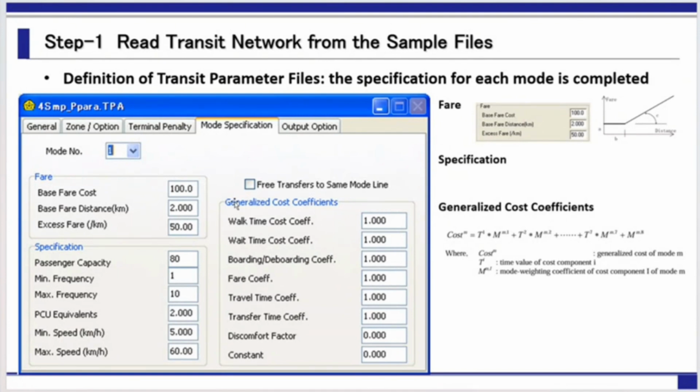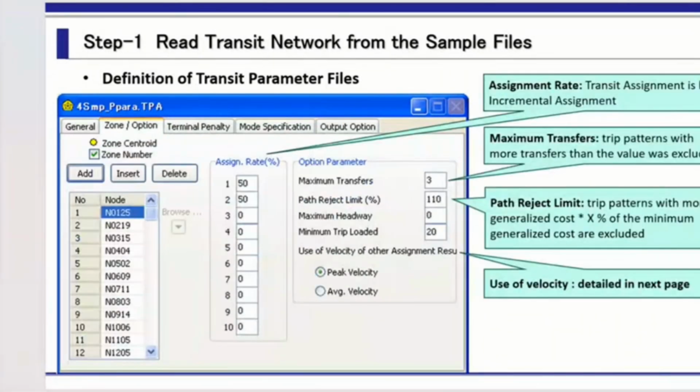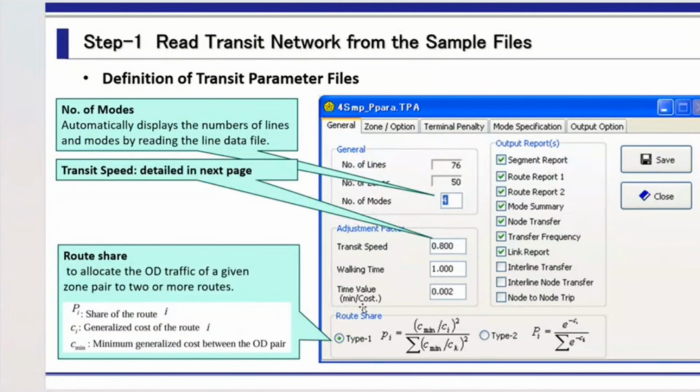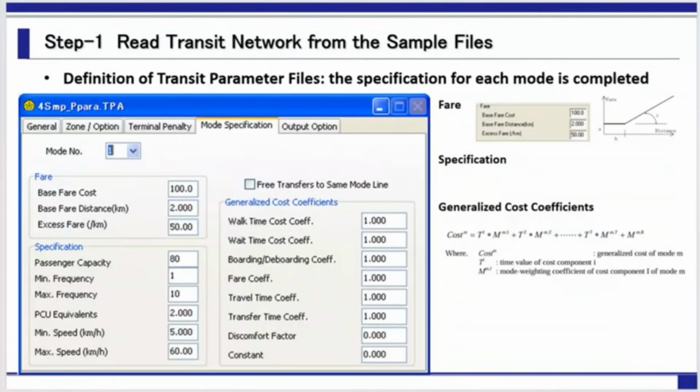Then the last one is more complicated: the generalized cost coefficient. According to the travel times and travel time values, meaning how many minutes per cost, every generalized cost is generated from the travel times and the travel cost.